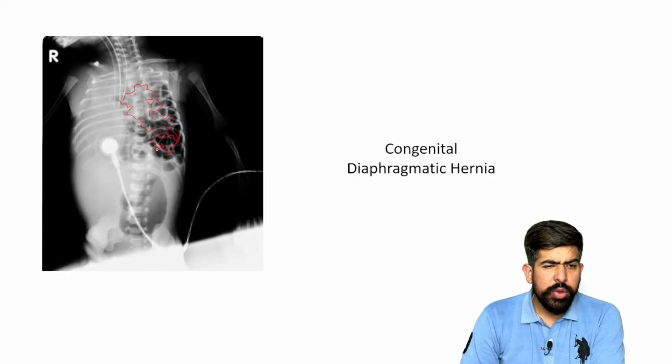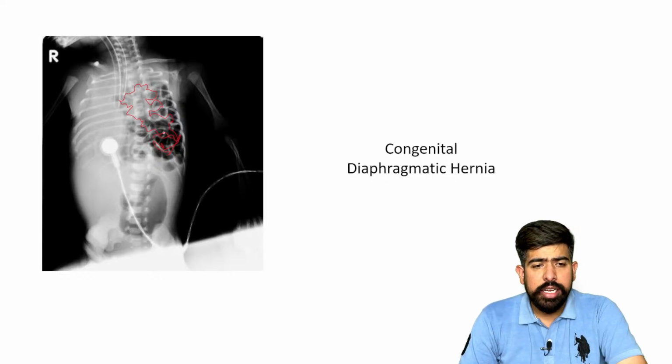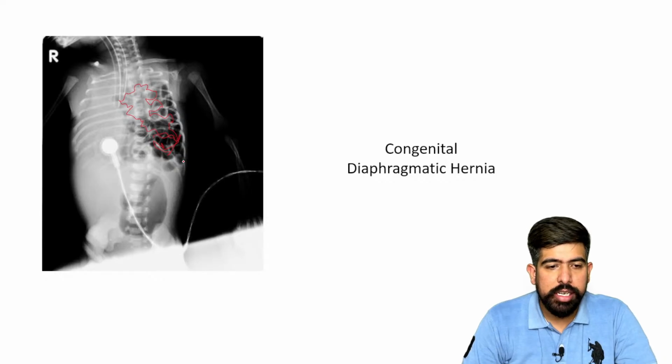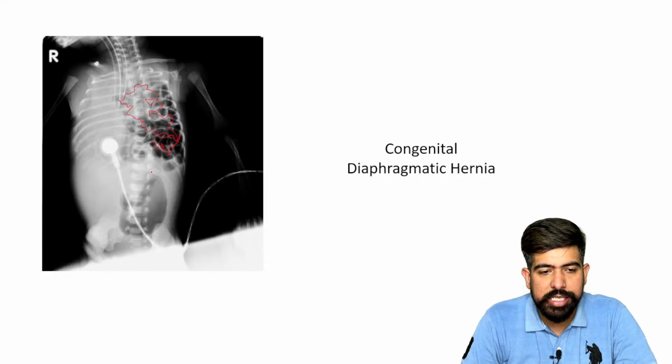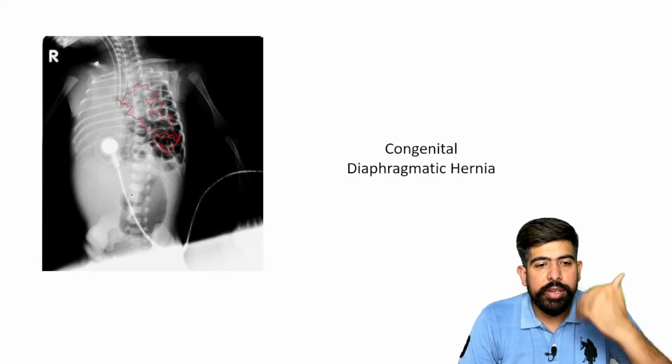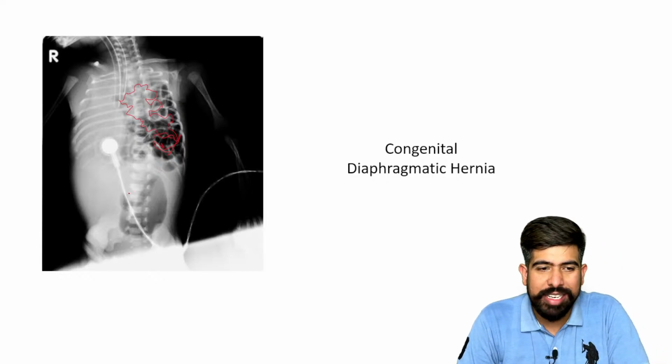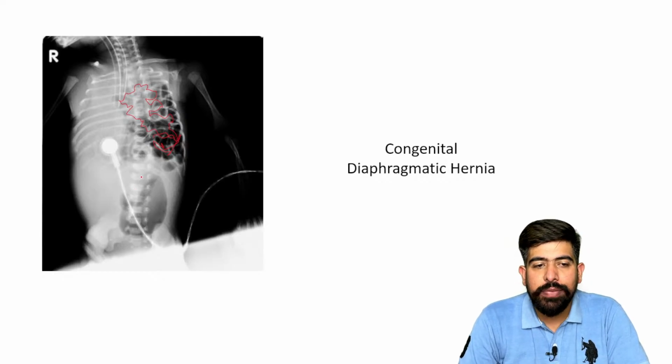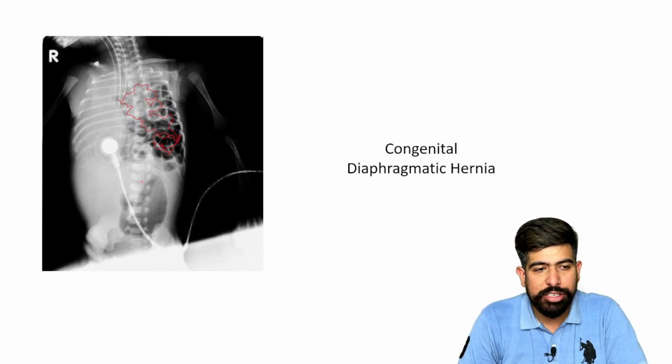Also you can see some intestinal loops. It seems like there are intestines in the chest. How can the intestine cross from your abdominal cavity to your thorax cavity? It is not possible normally, but here it is possible, and we confirm this by inserting a nasogastric tube.